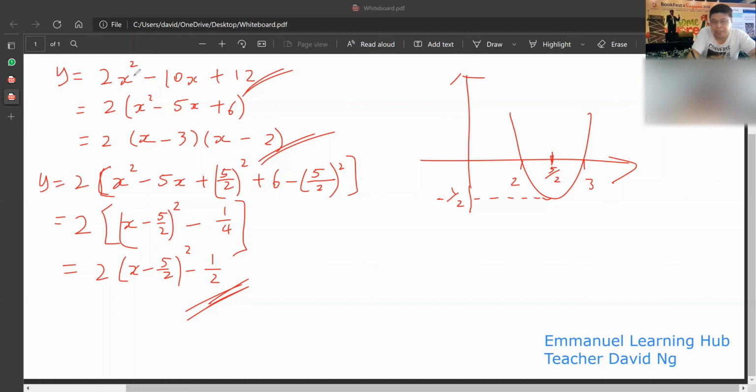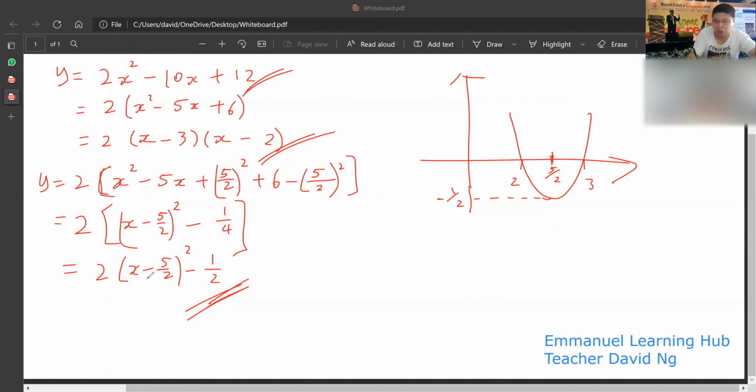This is the ax squared plus bx plus c form. This is the factorized form. This is the completed square form.